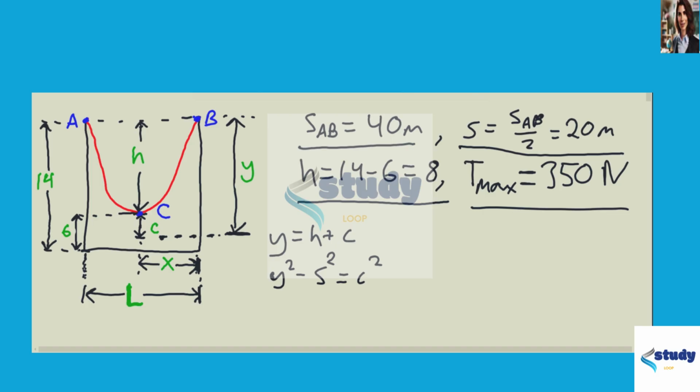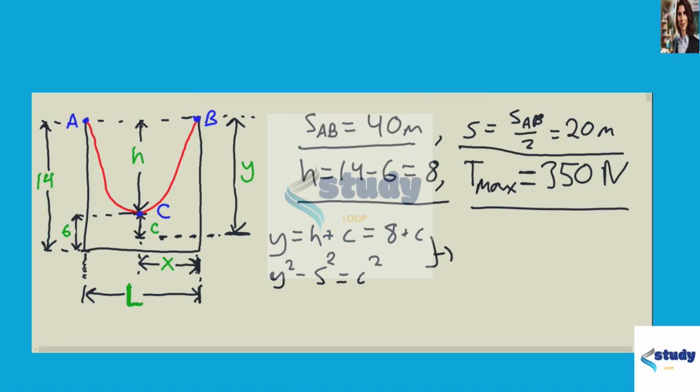So we have two equations that relate y to C. So we have y is equal to h plus c. And then we have y squared minus s squared is equal to c squared. Now, because we know that h is equal to 8, we can plug 8 in. So y is equal to 8 plus c.